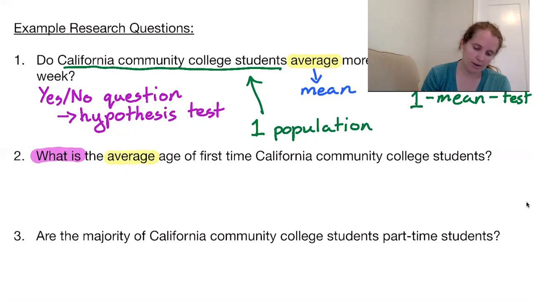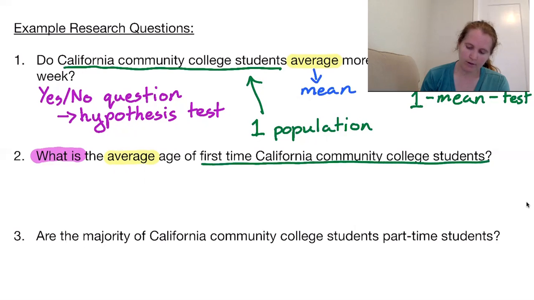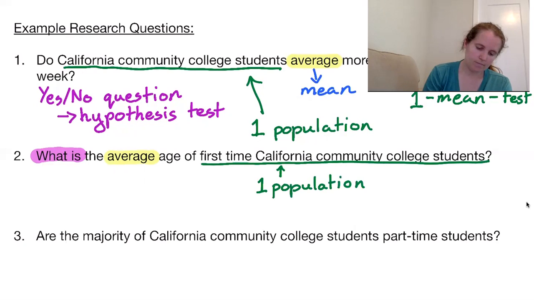And then our population, we're looking at first-time California community college students. So we just have one population. We are looking at the average or the mean. And "what is" tells us that this is a confidence interval.